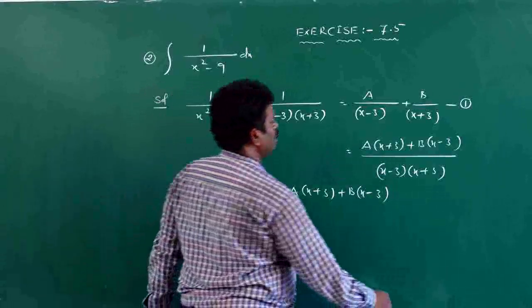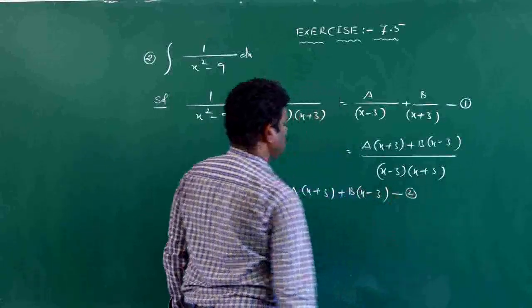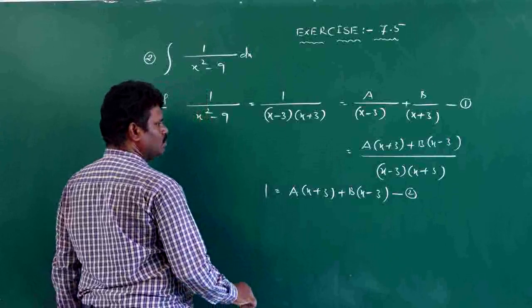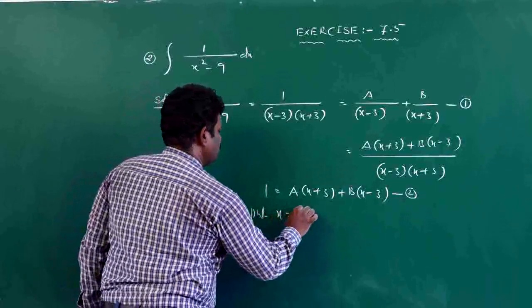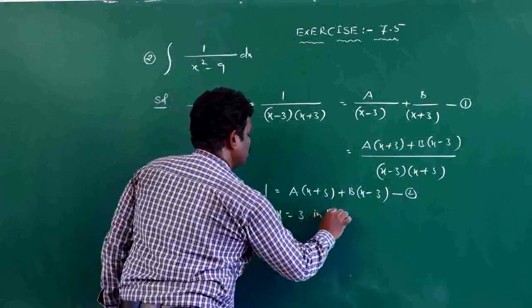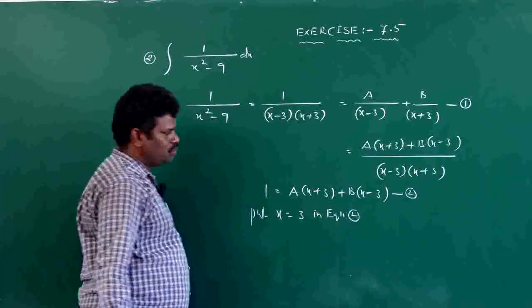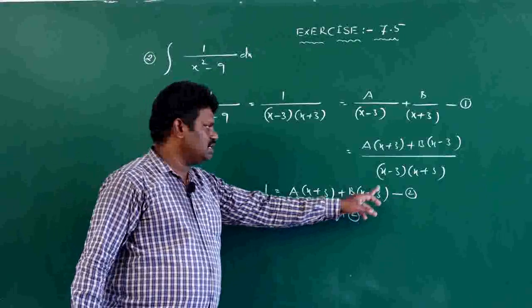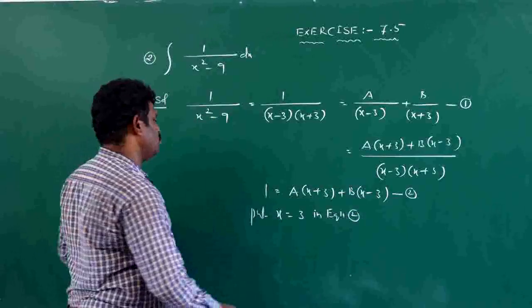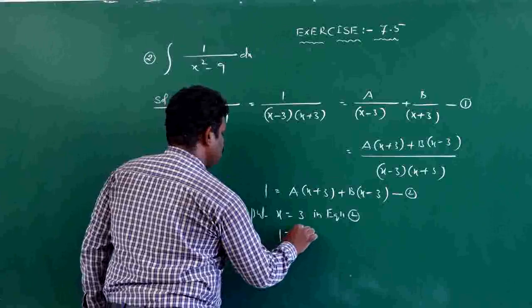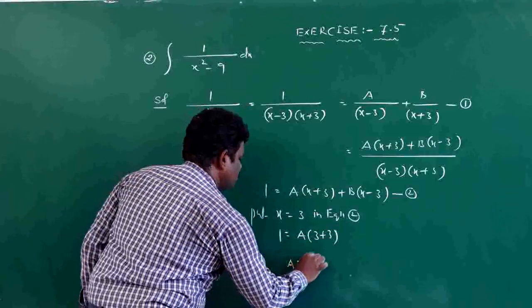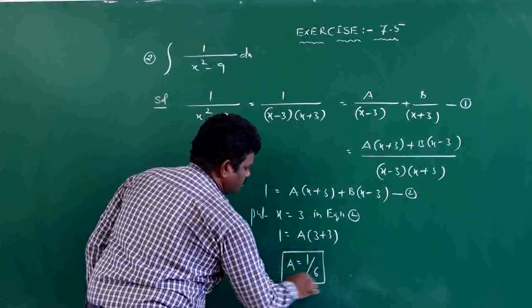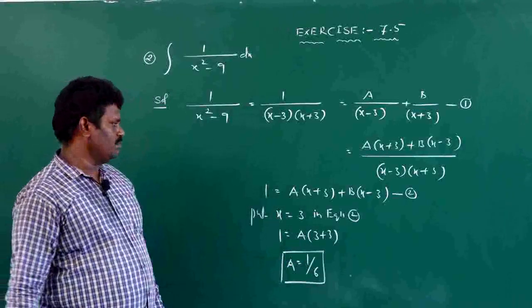Okay? This is equation 2. Put x is equal to 3 in equation 2. Then 3 minus 3 is 0, so that whole term is 0. So 1 is equal to a into 3 plus 3, then a is equal to 1 by 6.